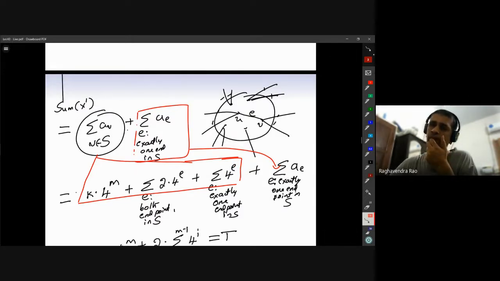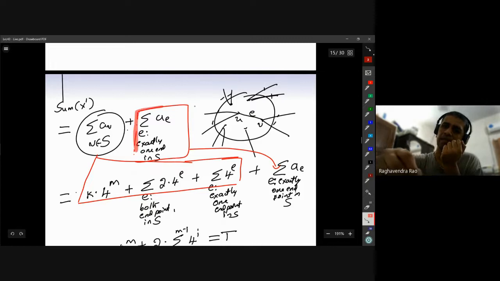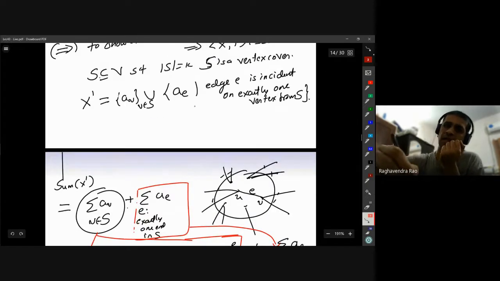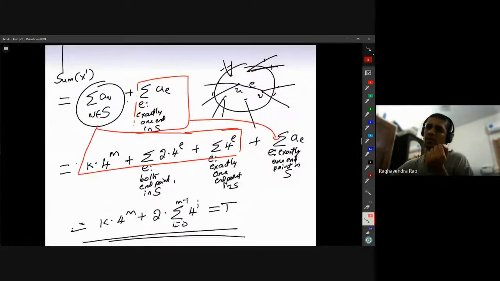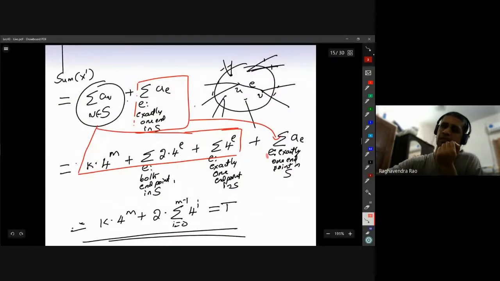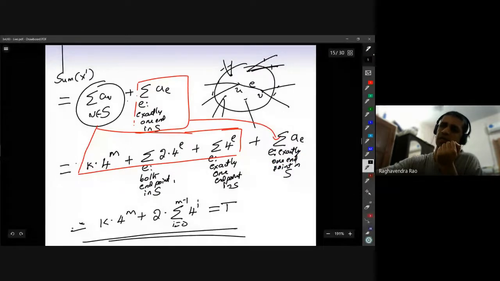Now, we have explicitly taken something more here, which is the values corresponding to edges which have exactly one endpoint in S. That is this summation. A_E is basically 4 to the E here.